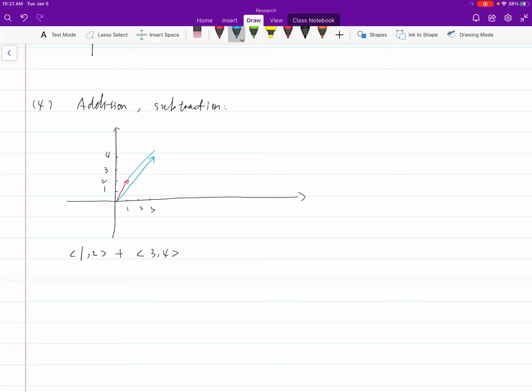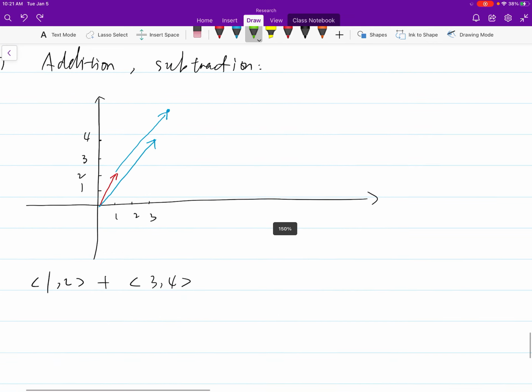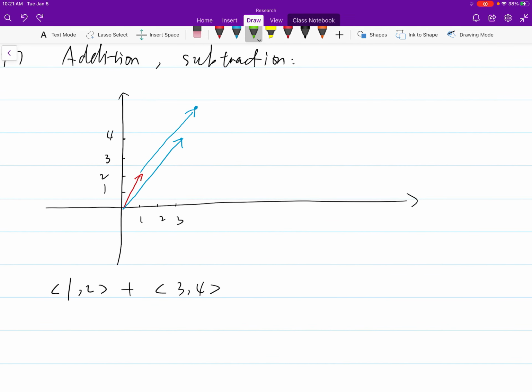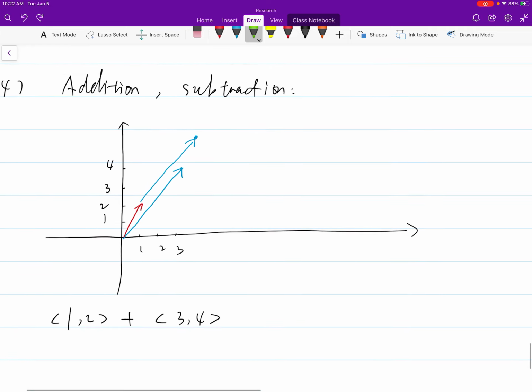So what do you do? You take 3, 4 and make sure they are starting, ending, start, ending with head and tails attached together. Let's do 4, 3 to make sure I can draw them more separately.